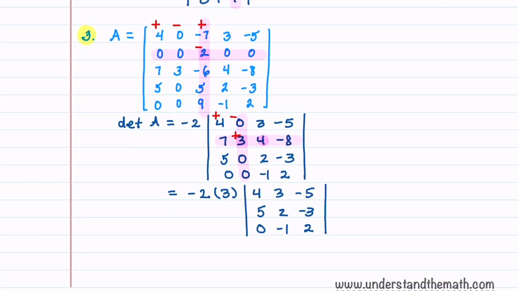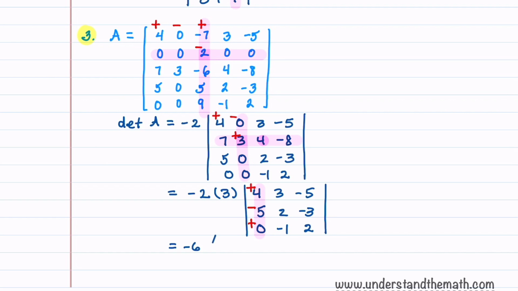Again, we look for the row or column with the most zeros. It looks like the third row or the first column has the most zeros. I'm going to go down the first column because I think it's easier to start with the upper left. Our sign pattern is then plus, minus, plus. We don't really need the plus with the 0, but I just put it. Now let's begin our calculation. We have minus 6, and because we have 2 entries that are not 0, we're going to have 2 determinants.